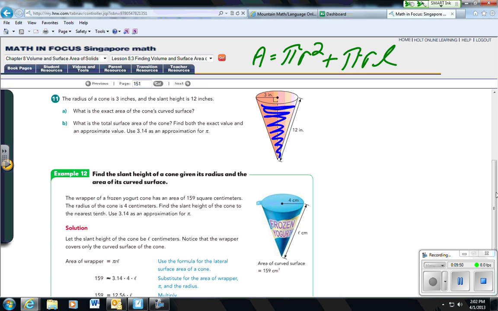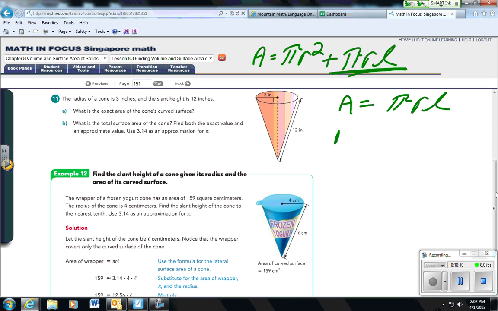So A: what is the exact area of the cone's curved surface? So what part gives us the area of the curved surface? Yes, that's what that part right there does. That gives us the area of the curve. So we're going to do A equals pi rl. That's going to give us just the curved surface.